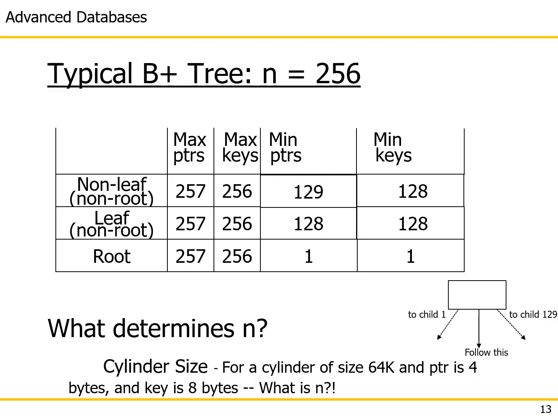So you can imagine how much branching we're doing here. When you go through this node and pick one of the 129 branches, you are ignoring the other 128 references and following one specific one, and that means you're reducing your search space super fast.